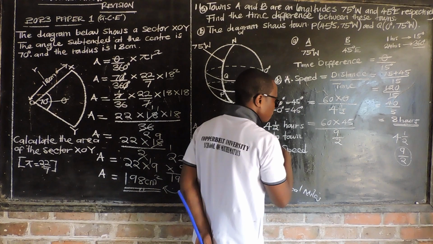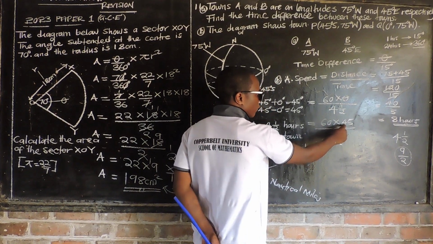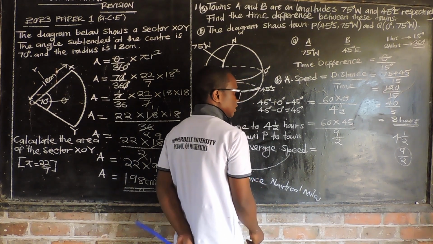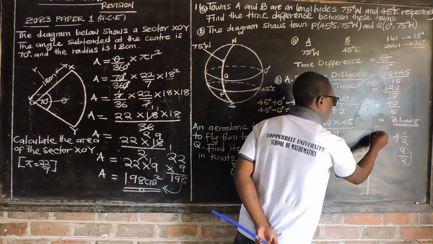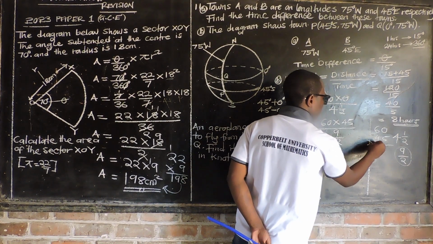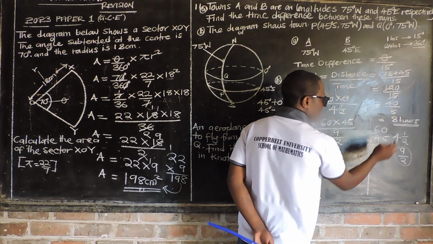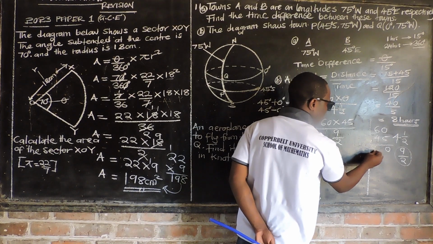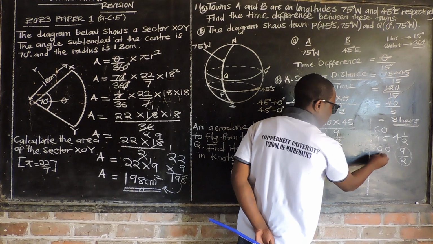Now we can multiply 60 by 45. What do you get? 60 times 45. 5 times 0 gets 0. 5 times 6 we get 30, so 300 with the carry. Then 4 times 0 you get 0.